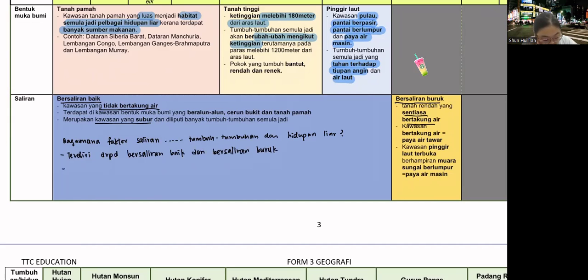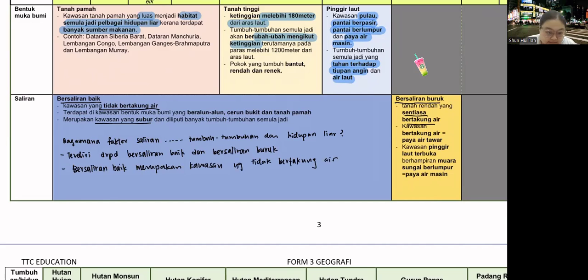Okay, so you can say bersaliran baik, merupakan kawasan yang tidak bertakung air.